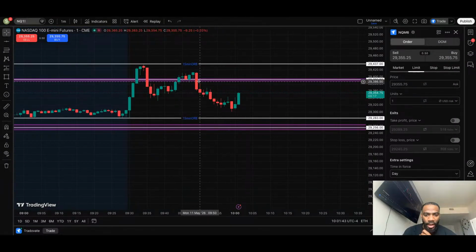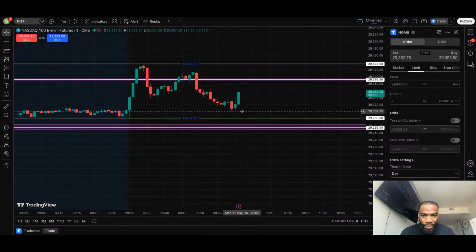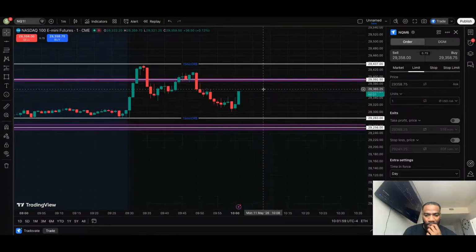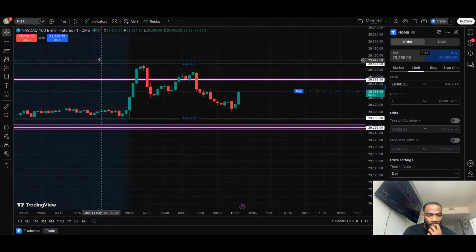I like how it engulfed this last selling candle. A higher risk trade, I would have rather caught it down here.